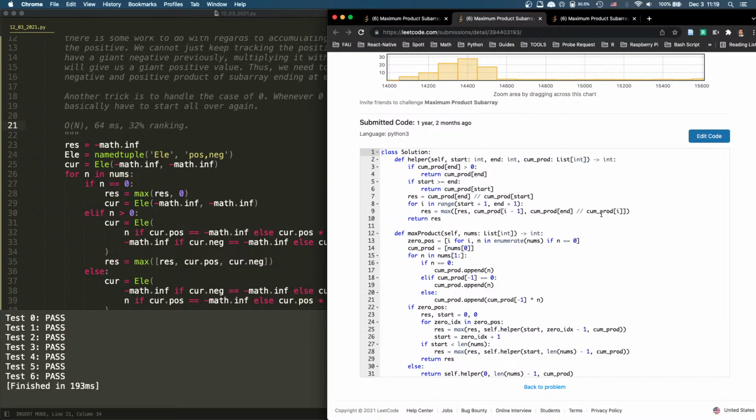And end divided by i. That's the remaining product. This is the cumulative product up until this position. I guess it works, but terrible logic.